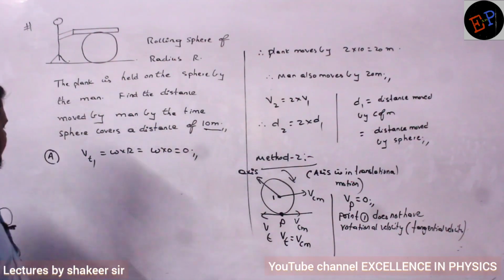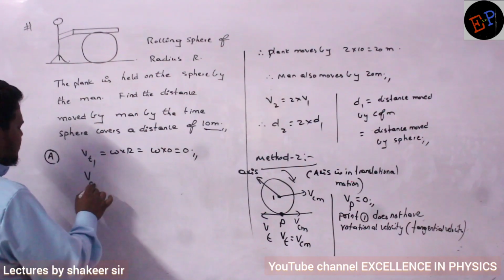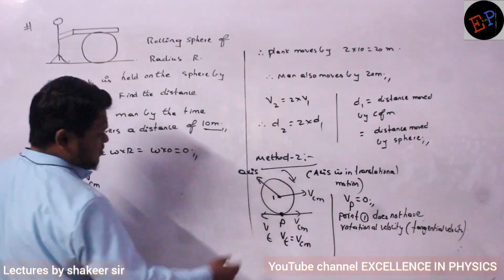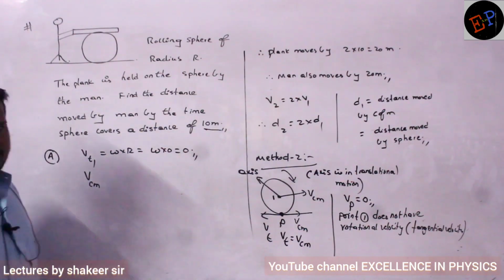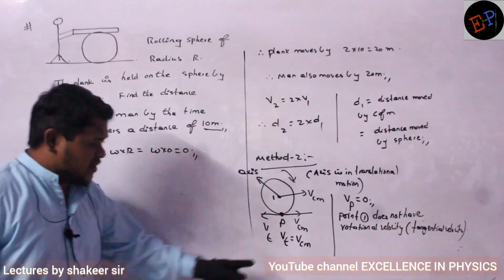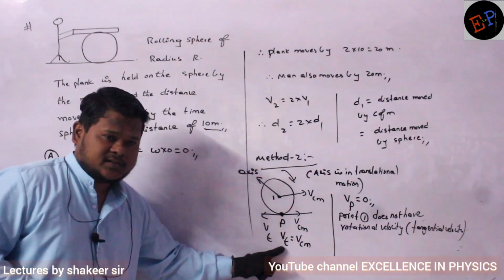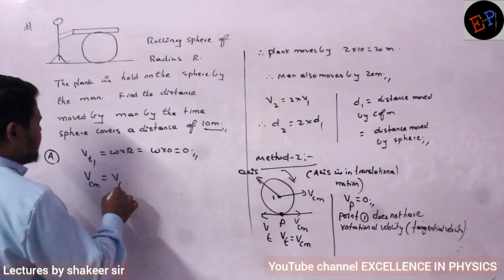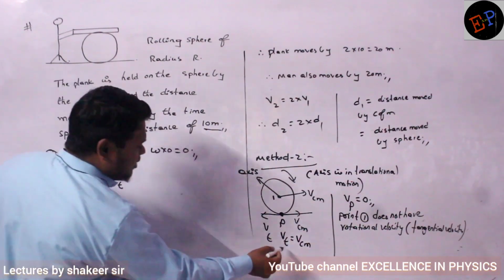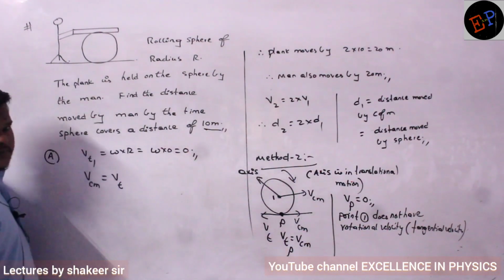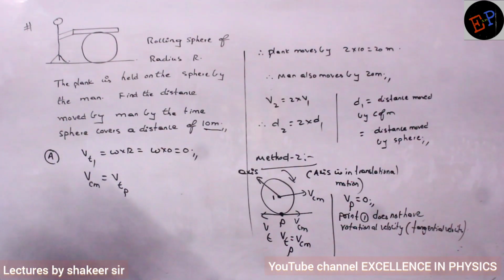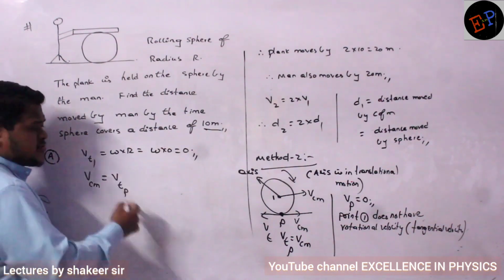So it is 0. But it has the velocity of center of mass. Point number 1 has which velocity? The velocity of center of mass. Translational velocity is there, movement in a straight line. And the velocity of center of mass is equal to how much? Vt. Okay? The velocity of center of mass is Vt, or Vt at point P, that is better. Tangential speed at point P. Are you able to understand? And what is the tangential speed at point P?